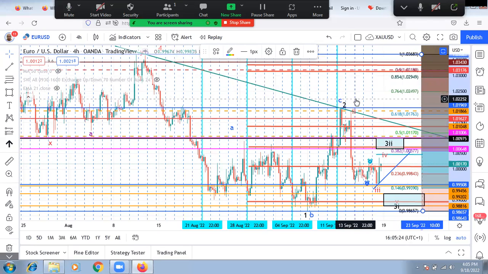So the probability of price breaking this level of 1.0200, let me use that word, because it's 1.01969 really, but let's say 1.0200, the probability of price breaking it is also very remote. It's maybe 2% or 3%.